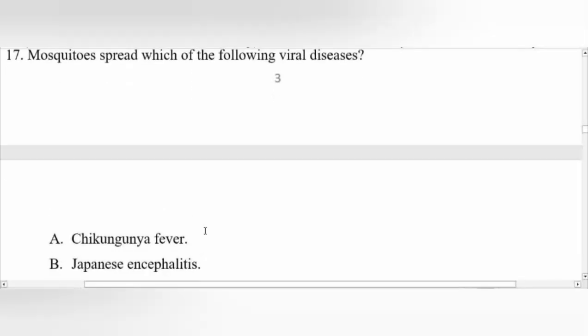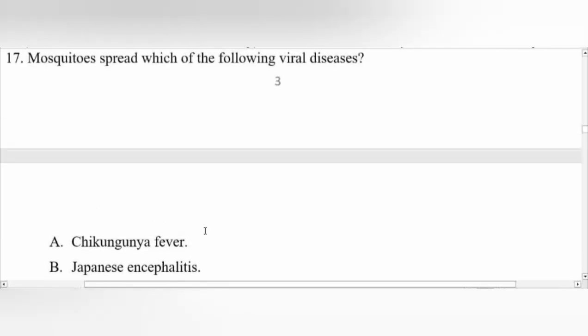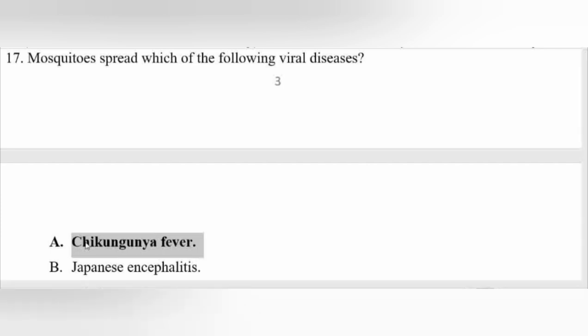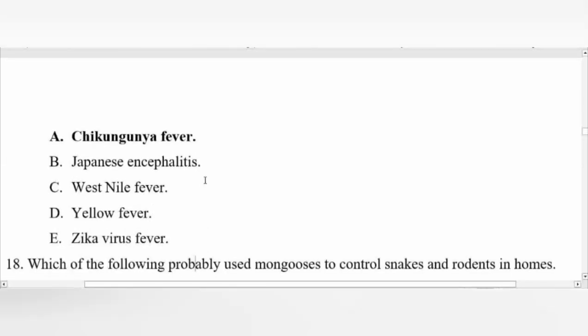All these are viral diseases, and the question is asking which of them are transmitted by mosquitoes. In Ghana here, for example, not long ago the chikungunya fever was identified in the country, and we know that it's associated with mosquitoes. So chikungunya is mosquito-borne.